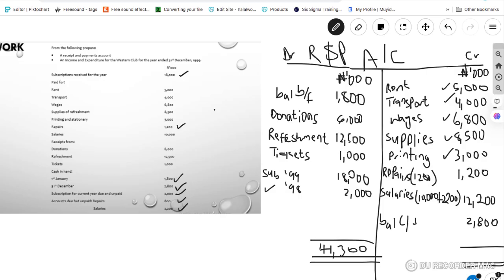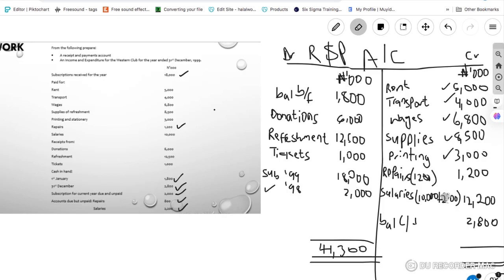Any form of accrual, like I mentioned earlier in the video, if you closely watch the income and expenditure account, we consider every form of accruals and prepayment. Any form of accruals and prepayment must not be considered in the preparation of your receipt and payment account. So this is an error which I'm going to be adjusting so that we can check the account again to see if it is going to balance.